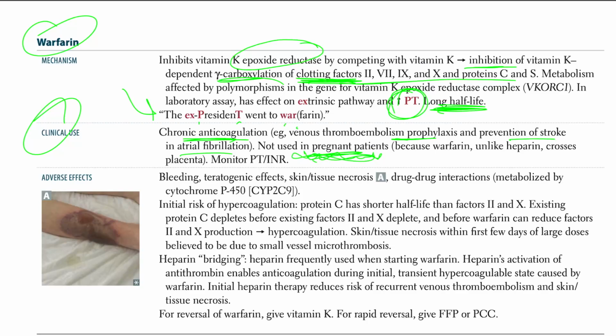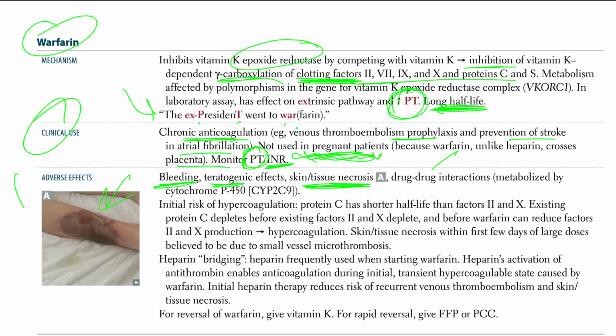Not used in pregnancy because warfarin, unlike heparin, crosses the placenta, and it is teratogenic. So not in pregnancy. You can monitor PT/INR. Adverse effects: bleeding, teratogenic effect, skin tissue necrosis. Very important. Look at this thing. Skin and tissue necrosis.